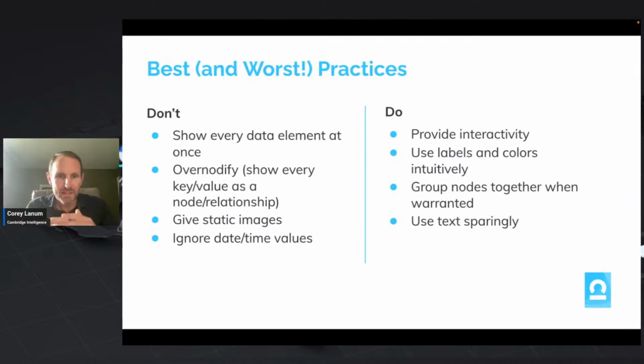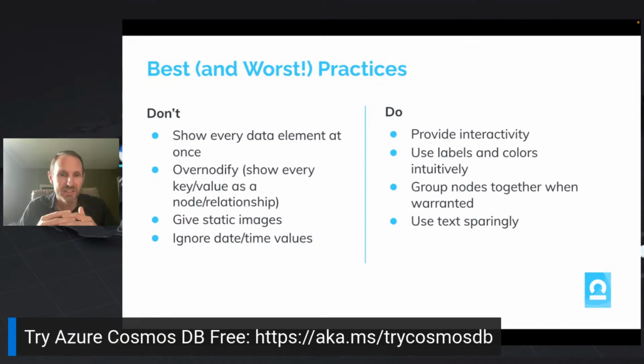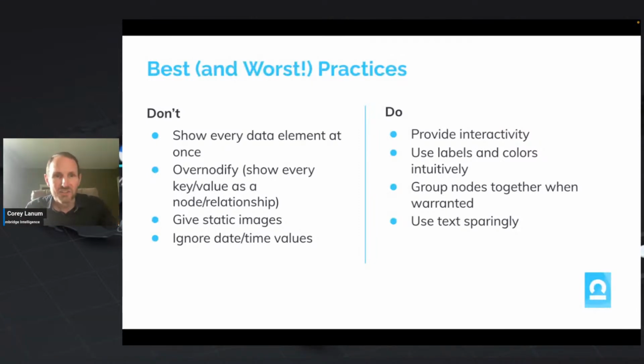And the other big one that I suggest avoiding, which is kind of a pitfall I see a lot of people do, is they get into this graph model and then they think about everything as nodes and links. So I made up a term called over notification, which really just means I'm thinking about things that should be properties as nodes. So for example, if I have myself, Corey Lanham, as a node, I am a person.